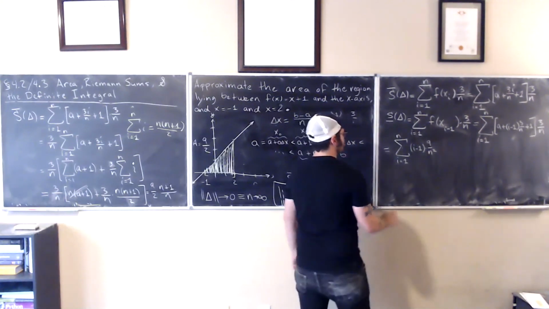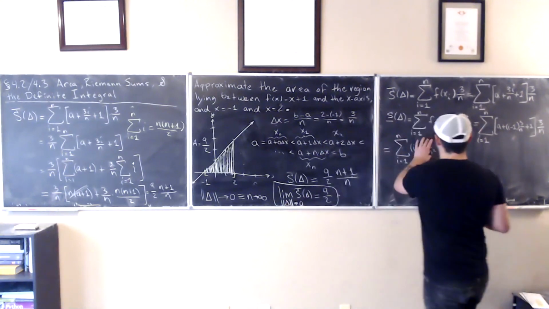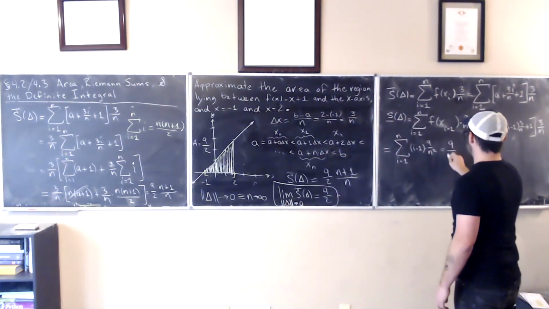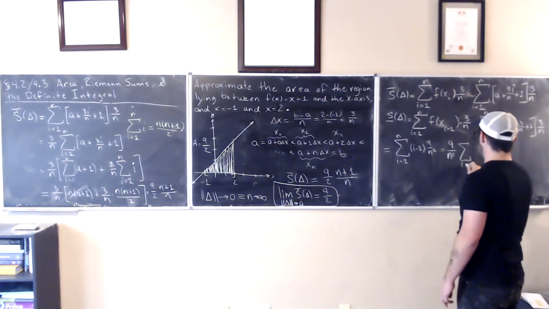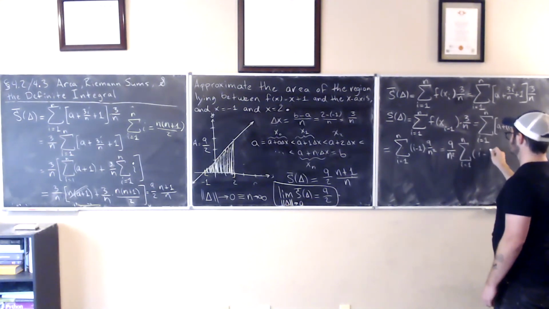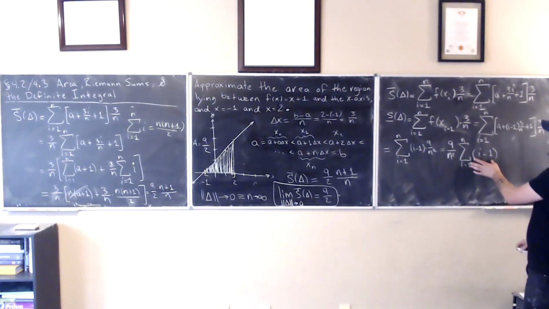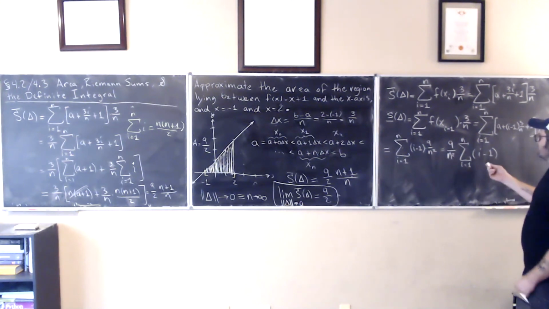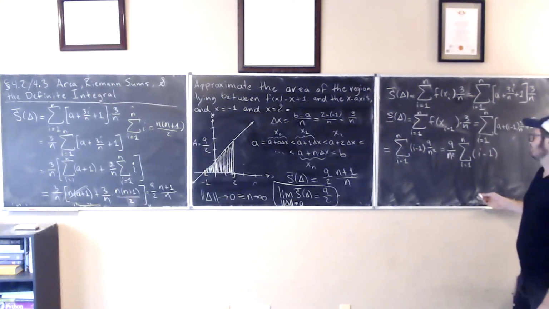Again, you can take that out because there's no i there. So this is like summing from 0 to n-1. If you plugged in i equals 1, you'd have 0, i equals 2, you'd have 1, and so forth. So this is like summing to n-1.